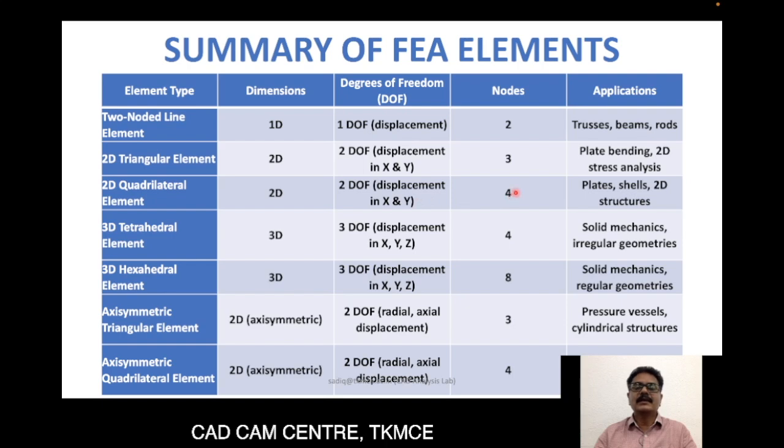Quadrilateral means 4 nodes. Like that there are many kinds of elements used in finite element analysis, and we choose the elements for discretizing the domain judiciously by understanding the requirement of the analysis. The meaning of the statement can be understood more clearly only when we apply this discretization for various applications.